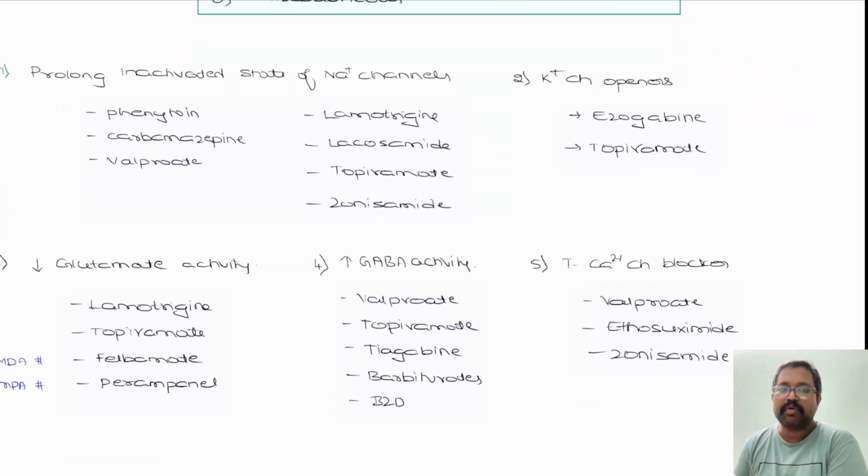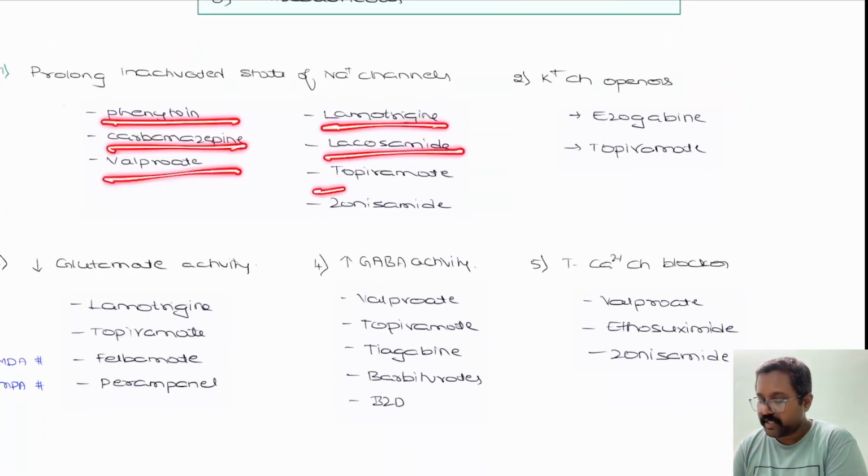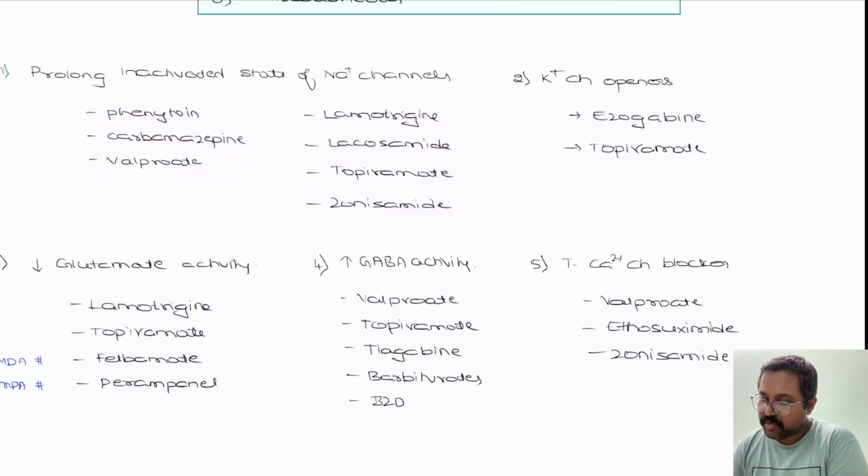The drugs which prolong the inactivated state of the sodium channel are phenytoin, carbamazepine, and valproate. We have newer drugs like lamotrigine, lacosamide, topiramate, and zonisamide. For potassium channel openers, we have ezogabine and topiramate.